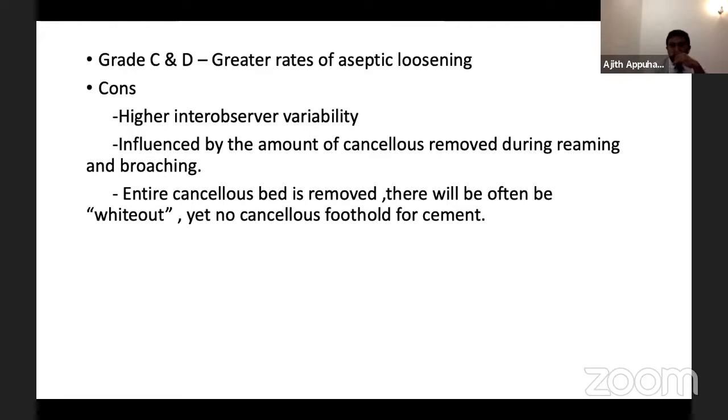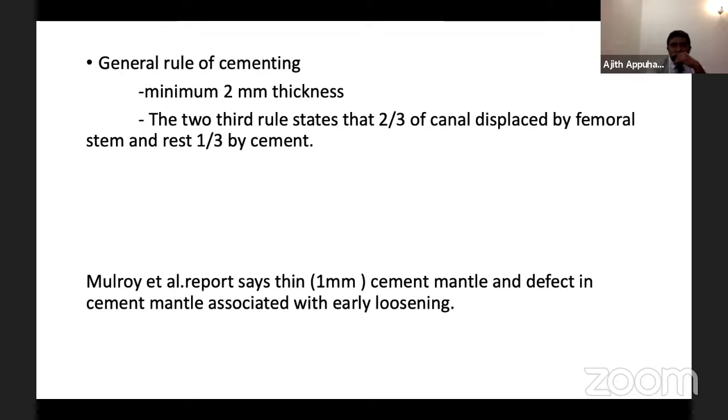But we'll stick to this, and there are rules for cementing, to avoid loosening. At least they advise a 2 millimeter cement thickness, and the 2/3 rule, which states that about 2/3 of the femoral canal should be filled with the femoral stem, while the remaining 1/3 is filled by cement.